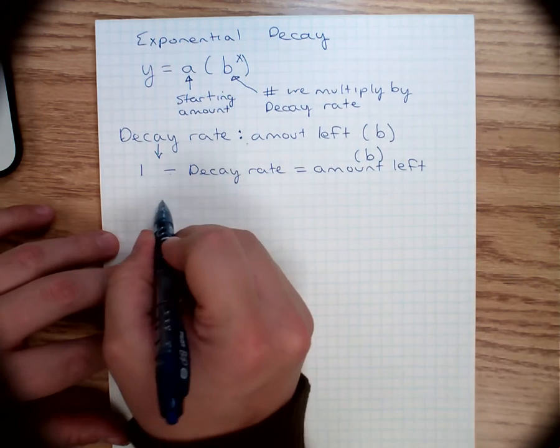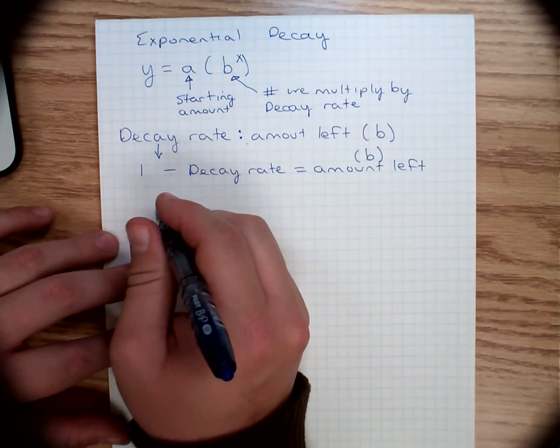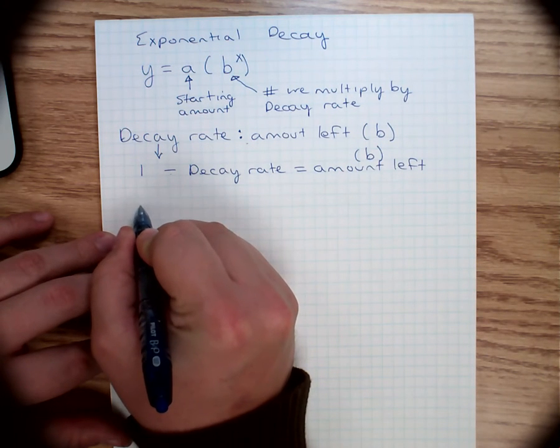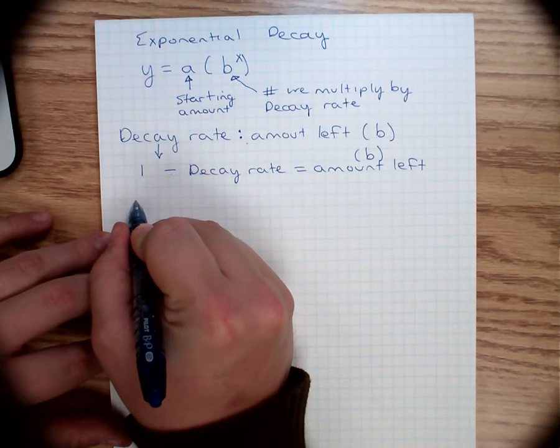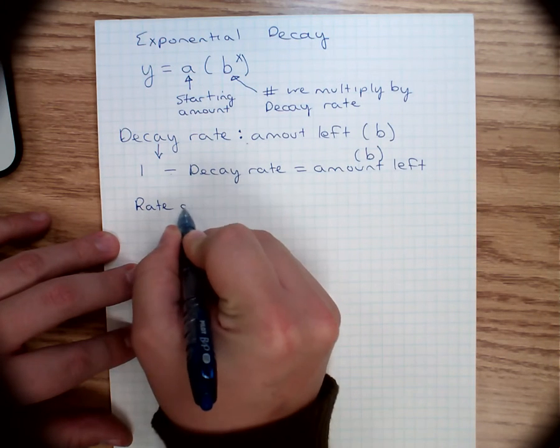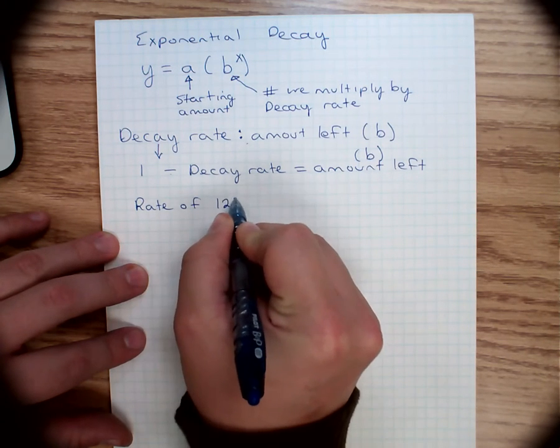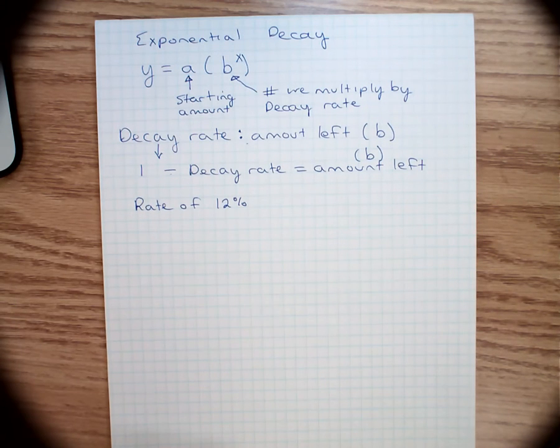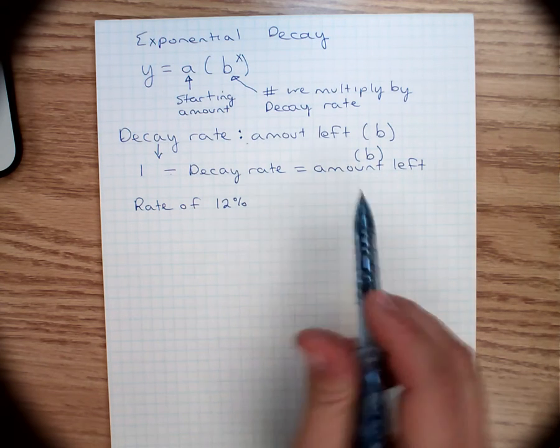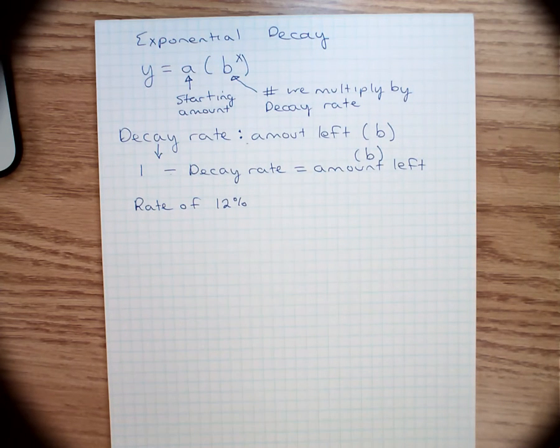So if I tell you I have a decay rate of 12%, how am I going to find what I'm going to represent as B? 1 minus 12? 100 minus 12.